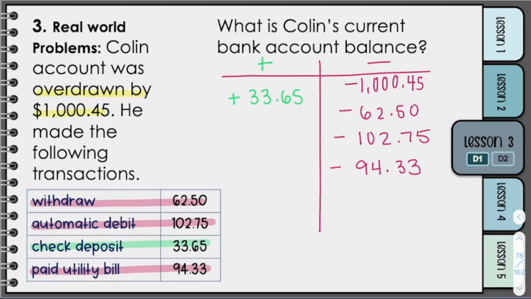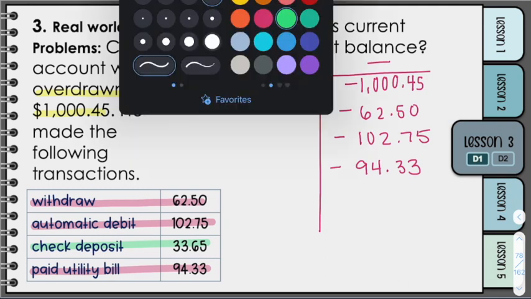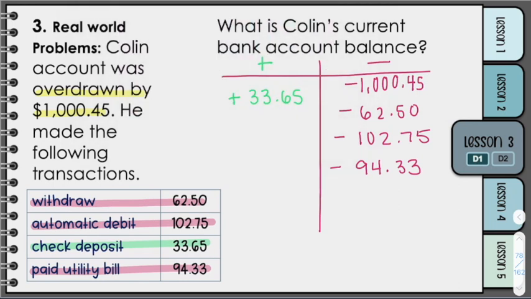So now I need to combine all of this. So if I have all of these that are negative, what I can do is add them all up and then make sure the answer is going to be negative. When you combine all of this, you're going to get $1,260.03.